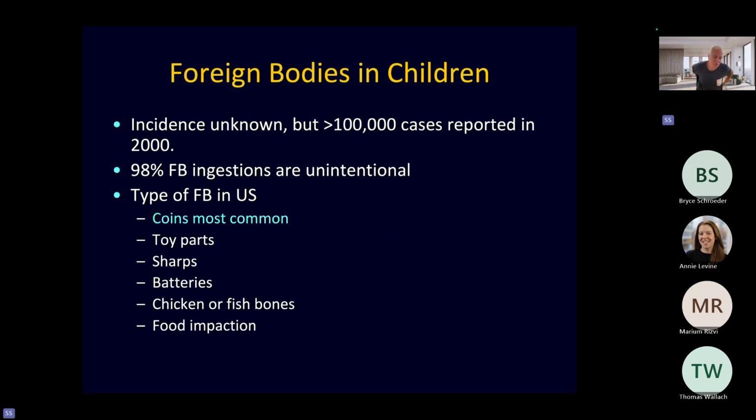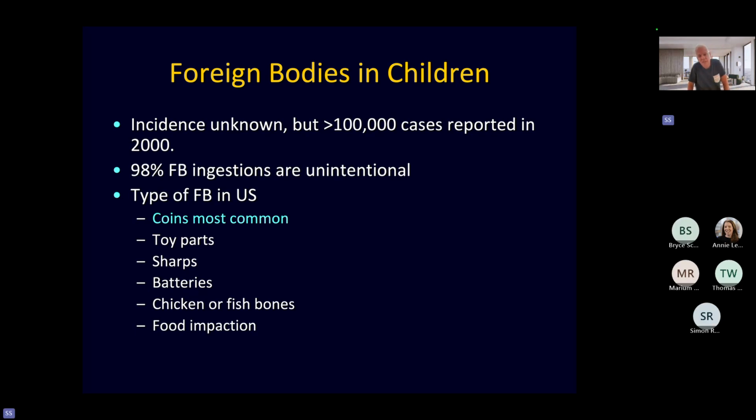Because most of these are not witnessed, the real incidence is unknown. But as far back as 2000, there were more than 100,000 ED cases of foreign bodies reported in the US. 98% of these ingestions are unintentional. A child is playing with something in the mouth and oops, I swallowed it.